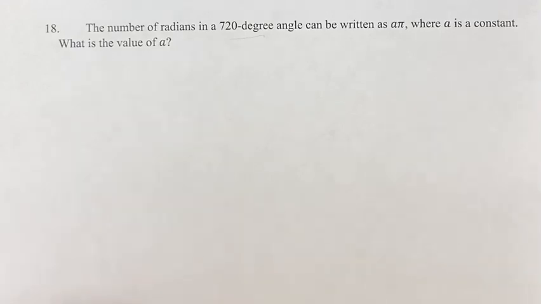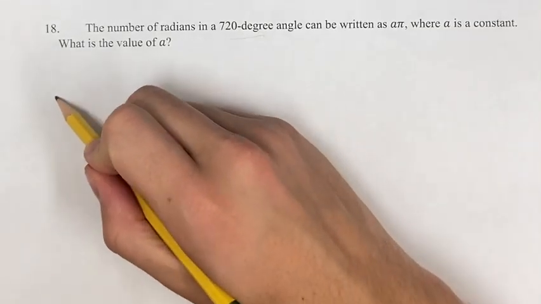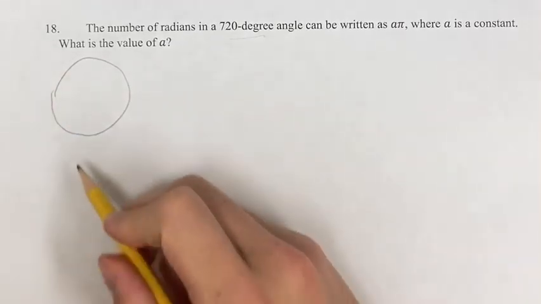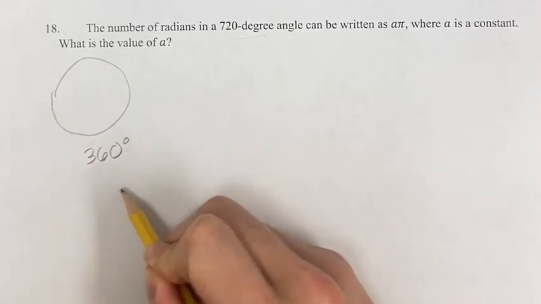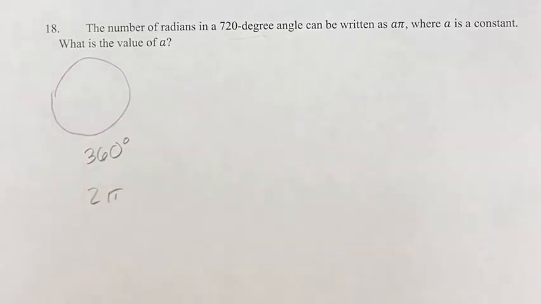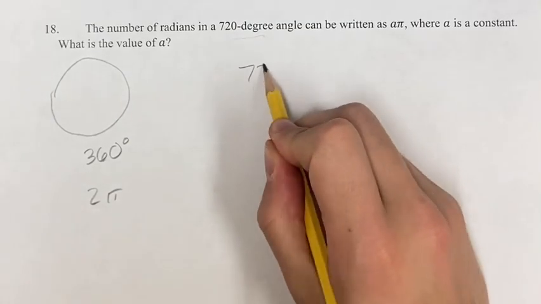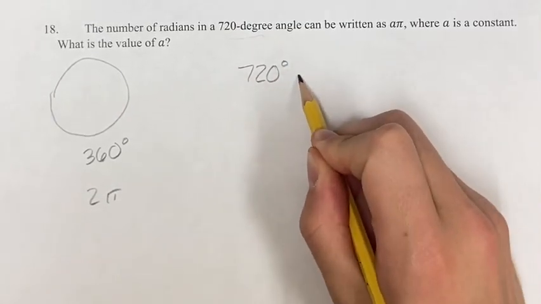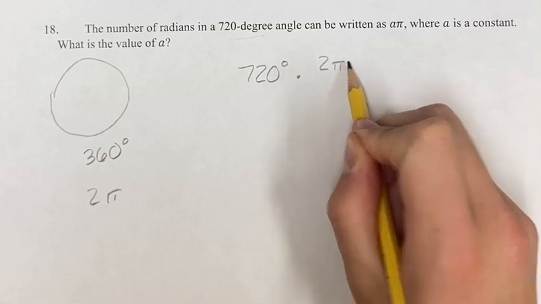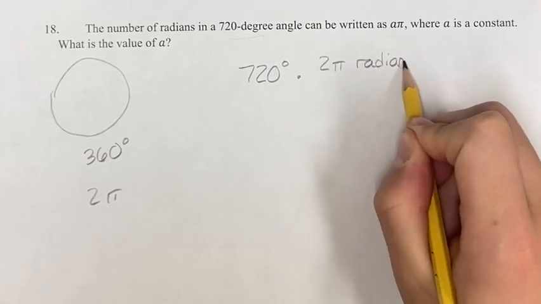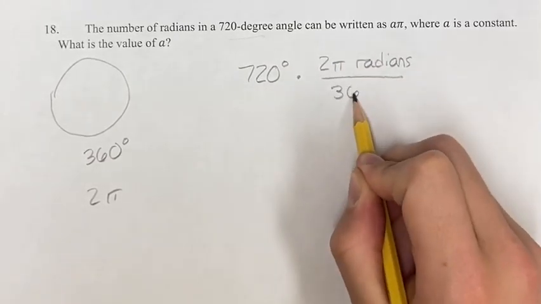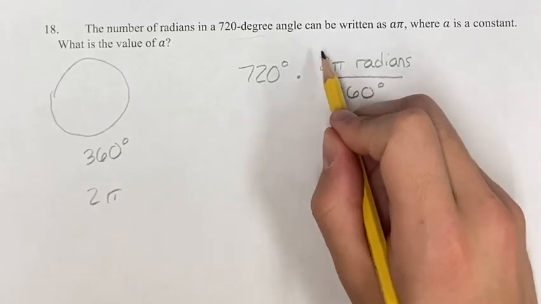And the easiest way to remember the conversion rate is to remember that a full circle is both 360 degrees and 2 pi radians. So if we multiply 720 degrees by 2 pi radians over 360 degrees, this is a unit conversion.